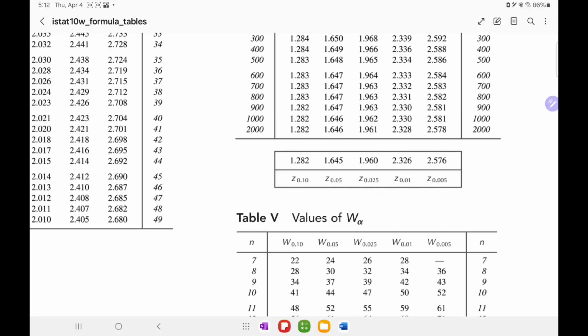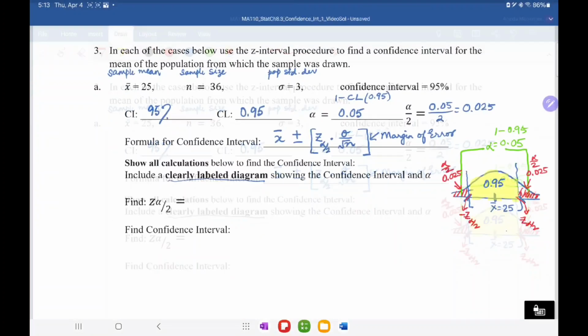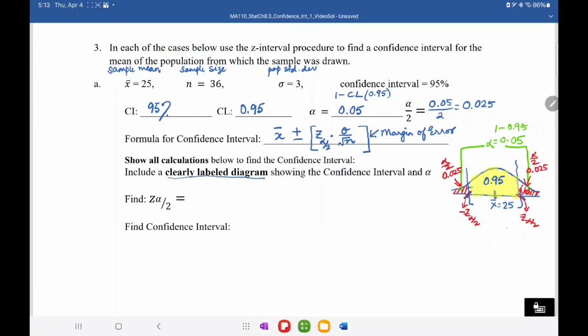So over here, we have z of 0.025 as 1.960, right? So I'm going to go back to my worksheet here. So z of alpha by 2 is 1.960 on the right-hand side. On the left-hand side, it's negative 1.960. So z of alpha by 2 is 1.960. That's what z of alpha by 2 is from the table.